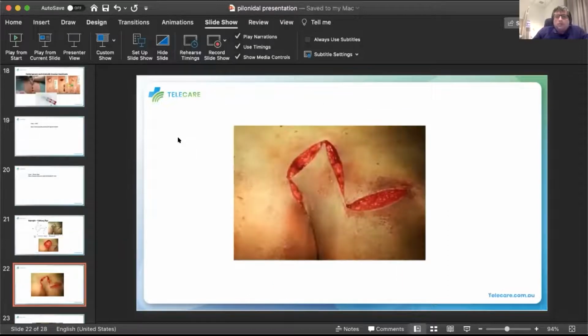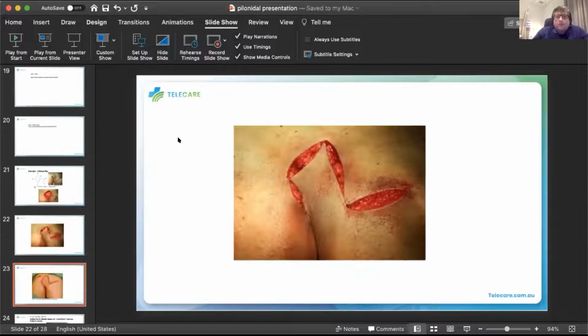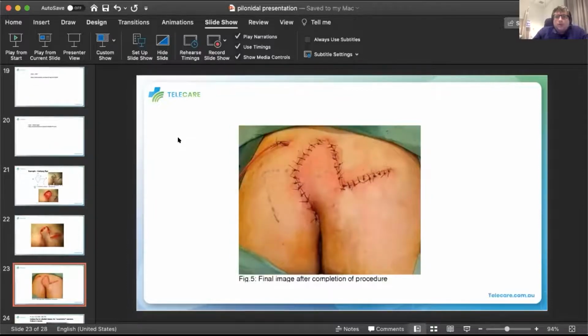And so you then interpose the flap like this, resulting in a scar that looks like this. And there's a specific way of doing that.